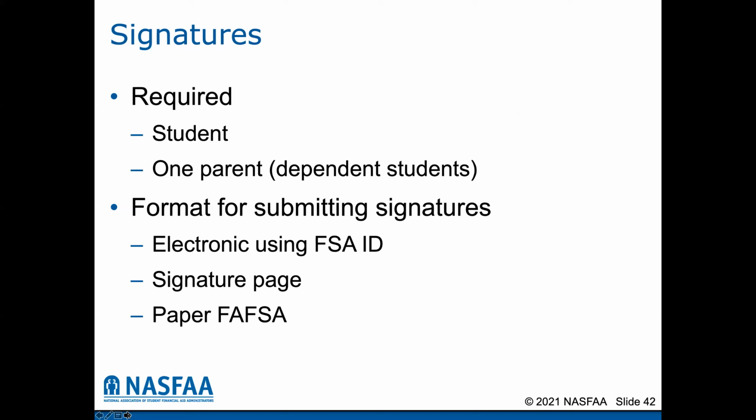Electronic format using the FSA ID is the best and quickest way to get your FAFSA to the schools. You can choose to do the signature page and print that out, but again, you have to have a printer readily available while you're completing the FAFSA application. And then also the paper FAFSA, if you're sending that in, you're actually signing the application and sending your signature in paper to ink.